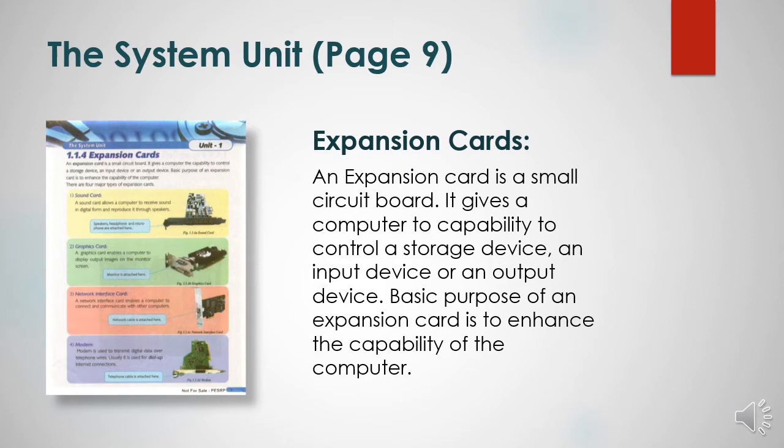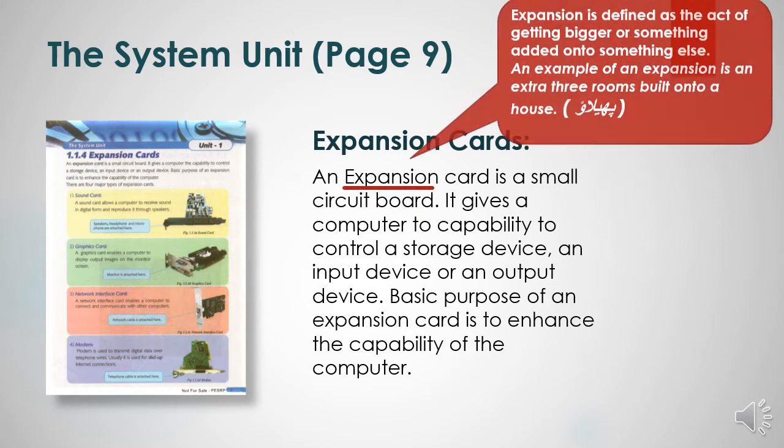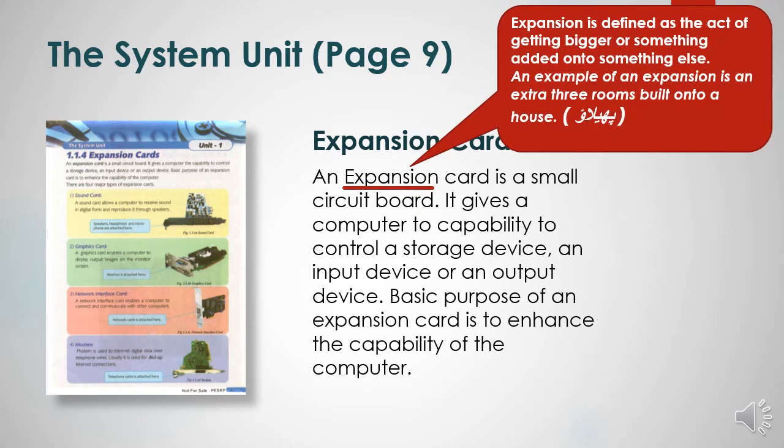In this definition, there is a need to define some terms like expansion. In dictionary, expansion is defined as the act of getting bigger or something added onto something else.